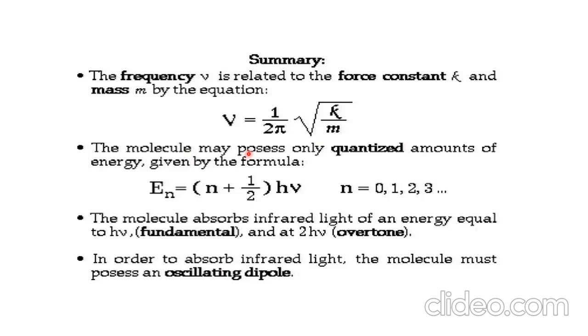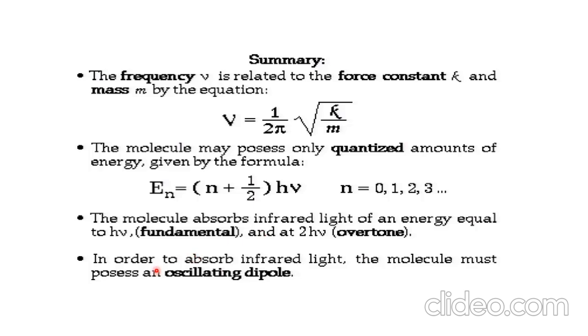The molecule may possess only quantized amounts, so n should be an integer: 0, 1, 2, 3. The molecule absorbs infrared equal to h nu, that is the fundamental, and 2h nu is the overtone.